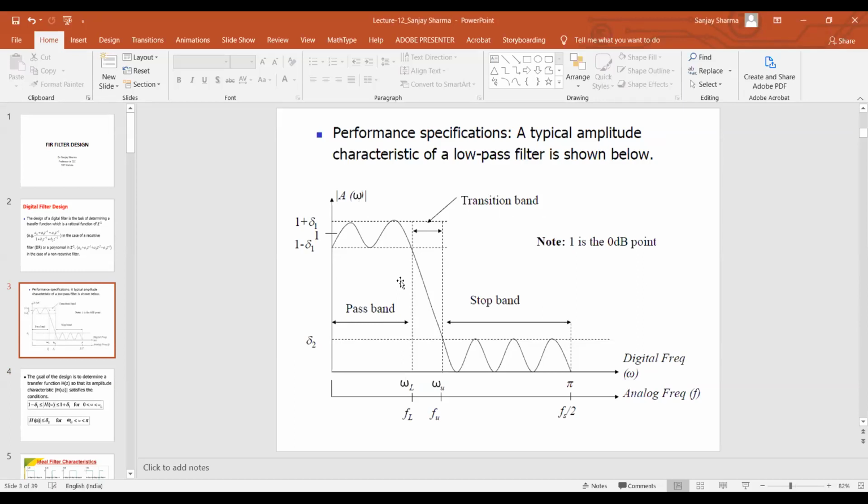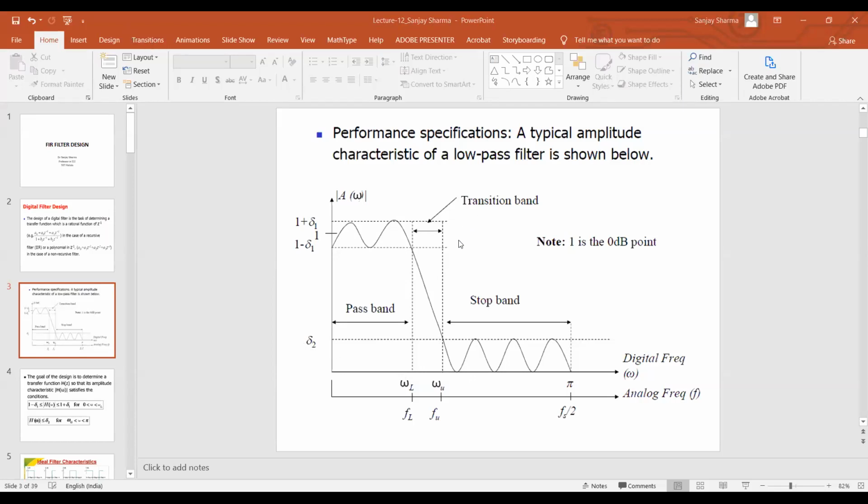For example, if I ask you to design a low pass filter which should allow 0 hertz to, let's say, 20 kilohertz of frequencies to pass through it, and block the rest of the frequencies, then I have given you the specification. All right, and I will also specify how much pass band ripple I require in the pass band, and from where I would like to start the stop band. That means I will be giving you the stop band attenuation.